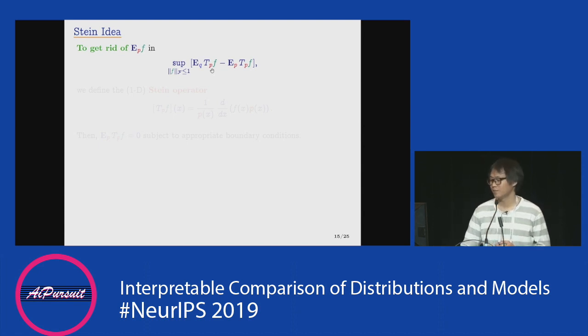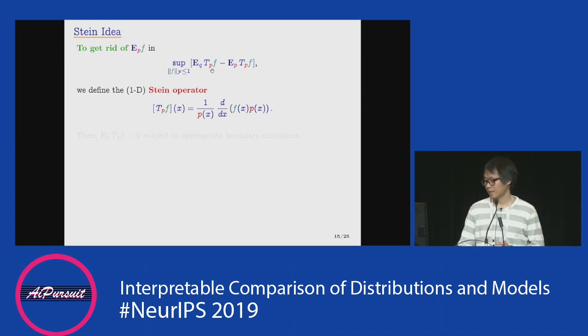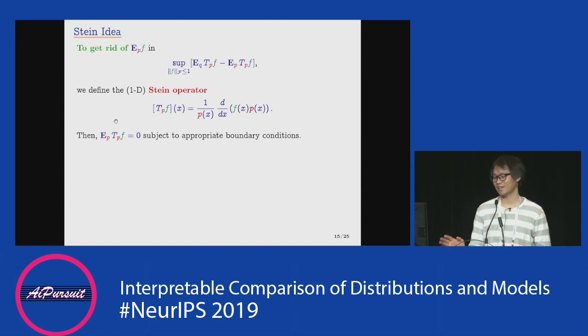It involves the derivative of the product of f and p, and there's also 1 over p here. And this operator is defined in such a way that the expectation under p is always 0 under some boundary conditions, meaning that the second term here is always 0. To see this, the proof is very short. Let me give you a proof.